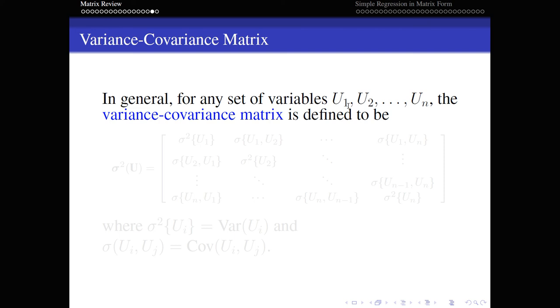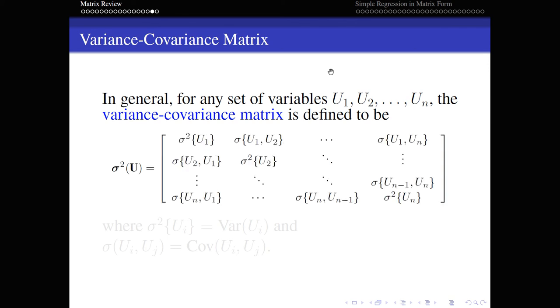So in general, for any set of variables, and again, think of all these listed in a row, the first one, the second one, all the way down to the nth one, the variance-covariance matrix is listed as this, and this is an important idea. This is a very, very, very important idea, fundamental to how we approach regression in matrix form. Now, we're looking at the variability of the first observation, and then we're also looking at how the first observation and the second observation relate.